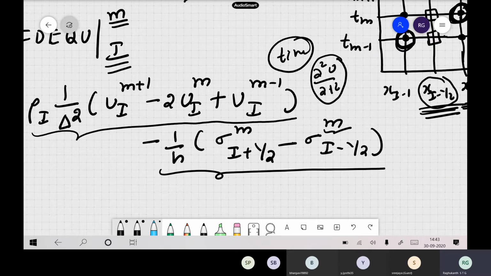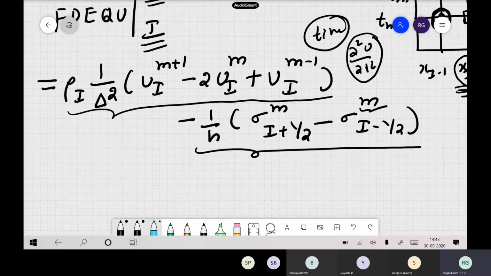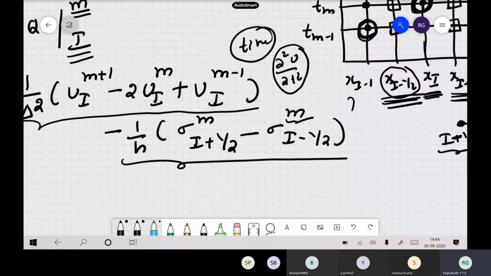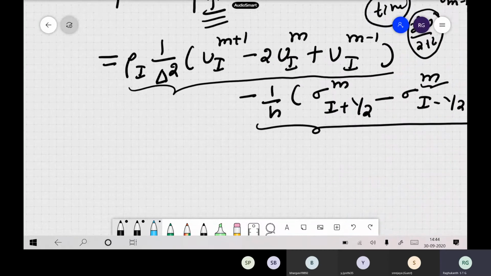Our equation says the second derivative of u at i, m should be the same as the spatial derivative of stress at that same place. So to compute, we do like this. So the staggered grid automatically comes into picture.